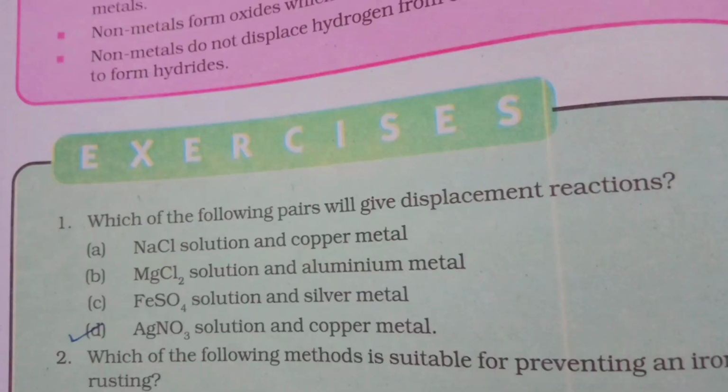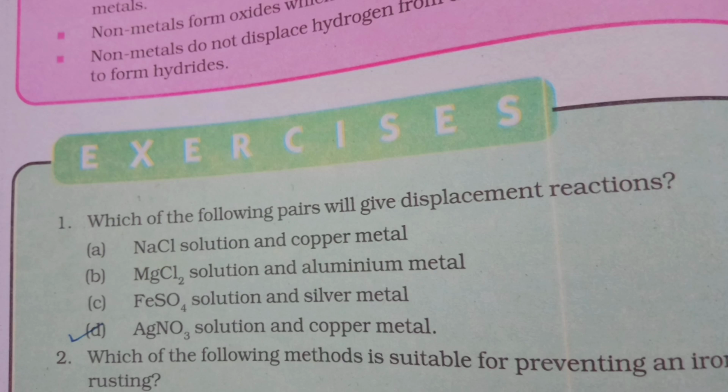So the answer to question number 1 is option D, that is silver nitrate solution and copper metal will give displacement reaction, because copper is comparatively more reactive than silver, so it will displace silver. But in the other options, like in A, copper metal is less reactive than sodium, so there will be no displacement reaction.